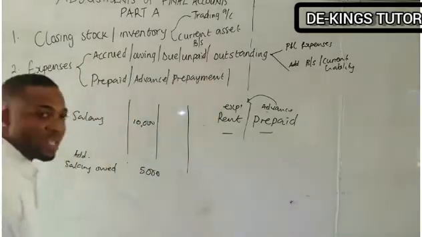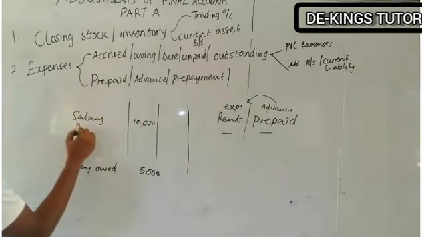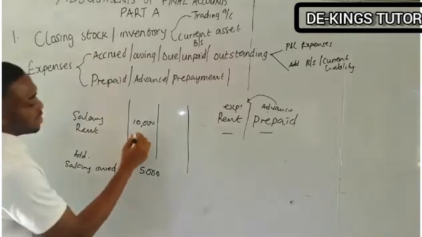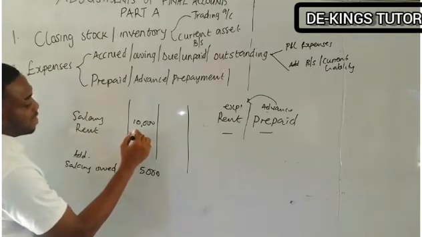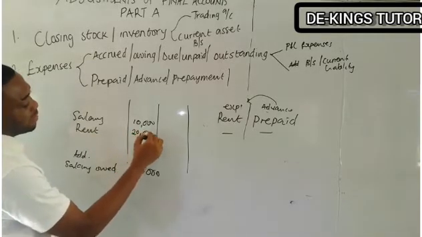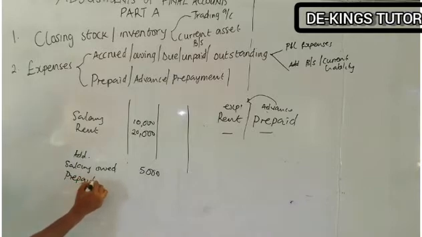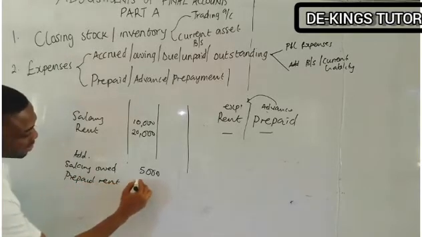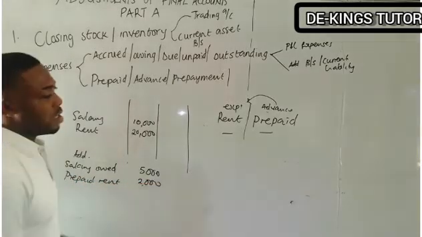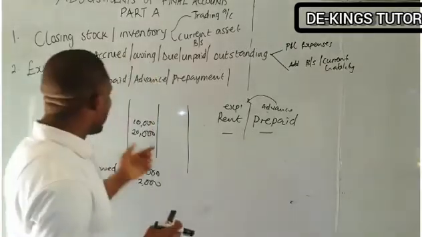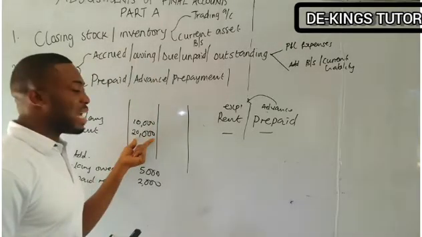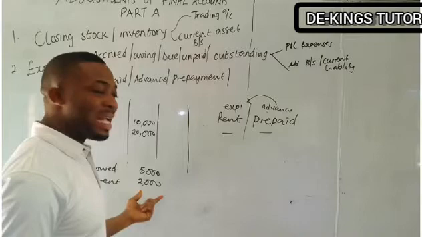So what do we do? Let's say for instance, we have rent here, 20,000. And in the additional information, they said prepaid rent is 2,000. Now what it means is that out of this 20,000, 2,000 is prepaid.